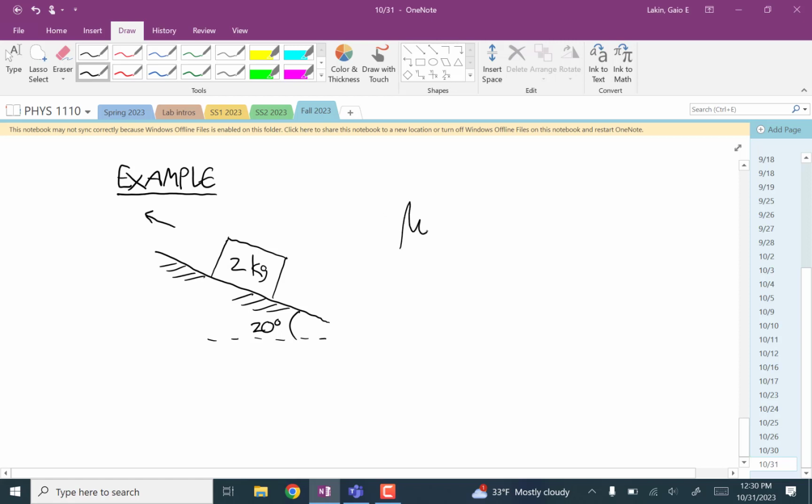And let's say that the coefficient of friction is 0.2. What's the acceleration vector of the block? And is it speeding up or slowing down?